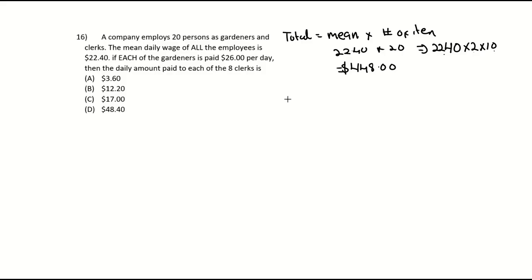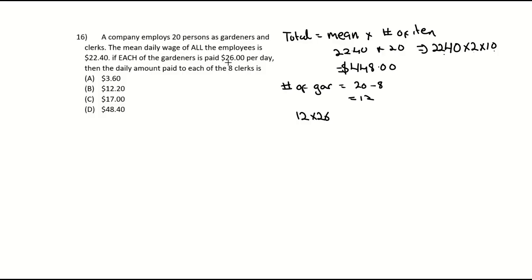Right? Then we know that the number of gardeners is going to be 20 minus 8, which is equal to 12. How 20 minus 8? They told you there are 8 clerks. Yeah? So now we're going to say 12 multiplied by 26 because that's how much each gardener is getting.